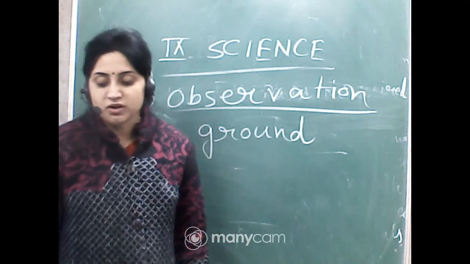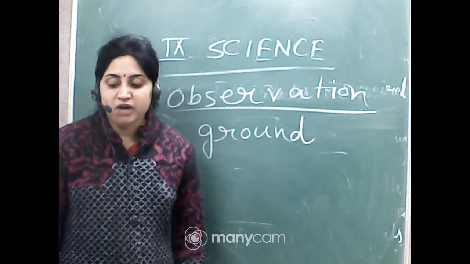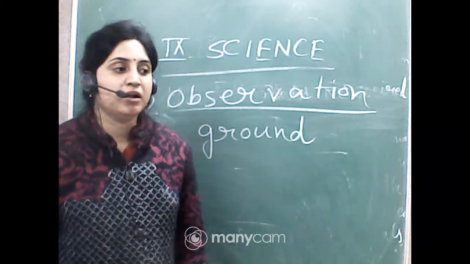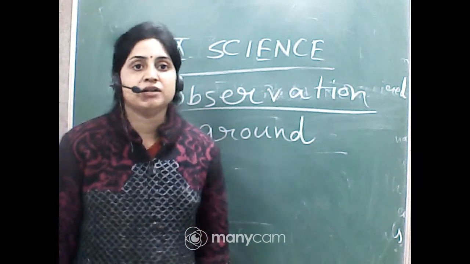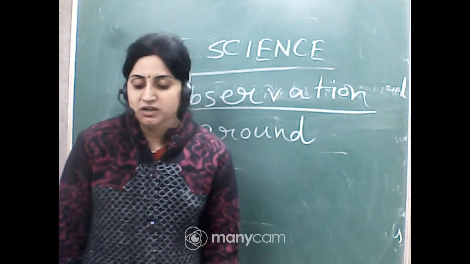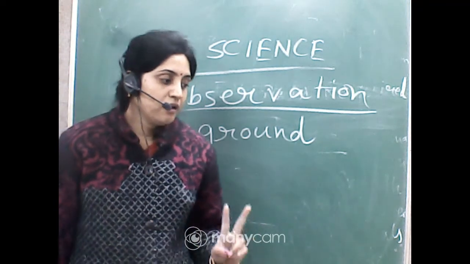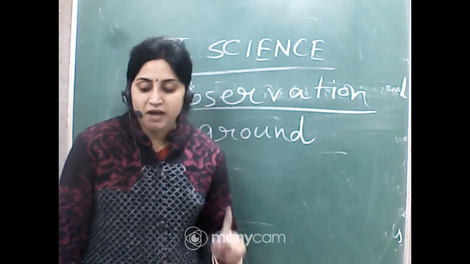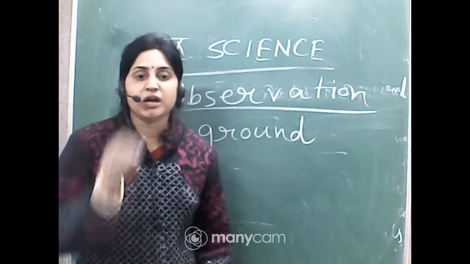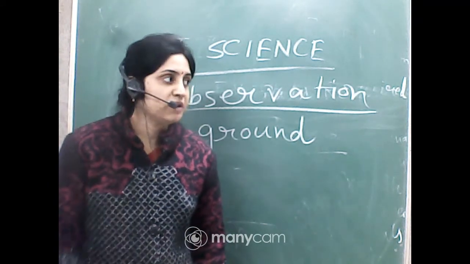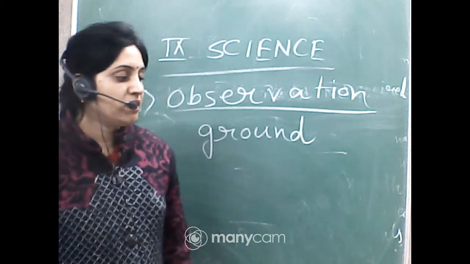Number 2, cells are isodiametric or polygonal. Isodiametric means so many angles are present.